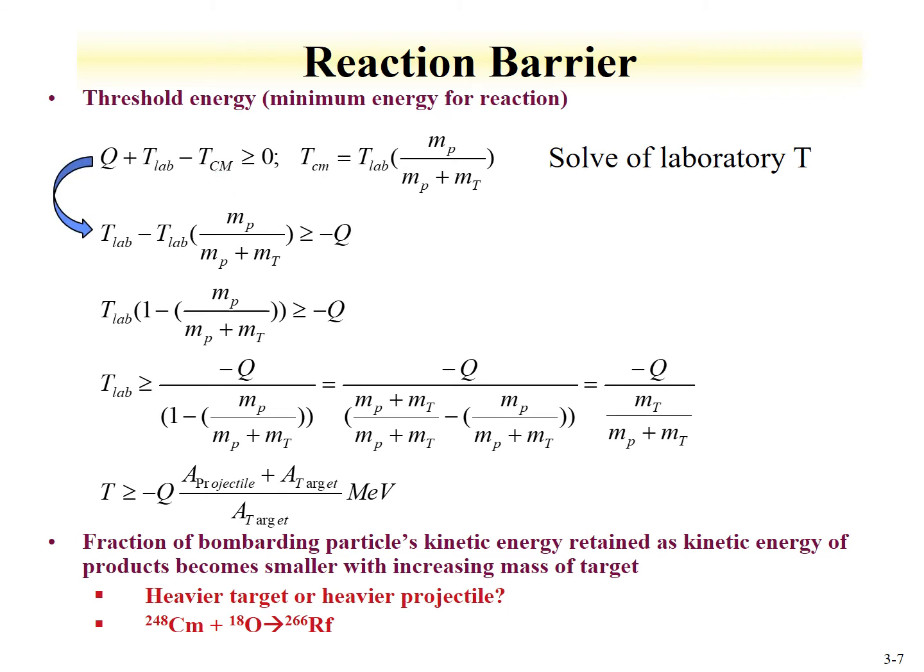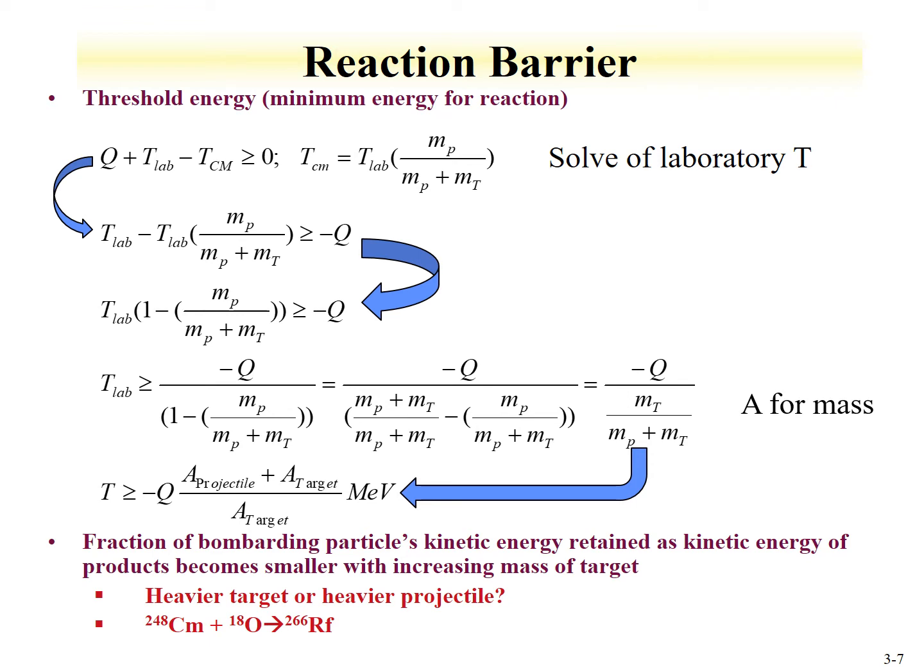We've put the Q value onto the other side of the equation. We take the kinetic energy of the lab term out. Now we can rearrange this equation and solve for what the kinetic energy of the laboratory must be greater than. We get to this equation here. We rearrange. We substitute the mass for A, which is a good reasonable substitution.